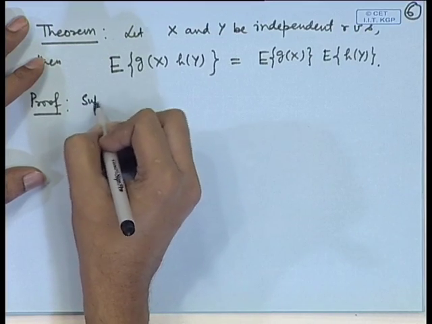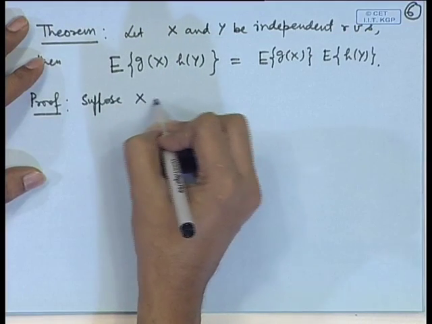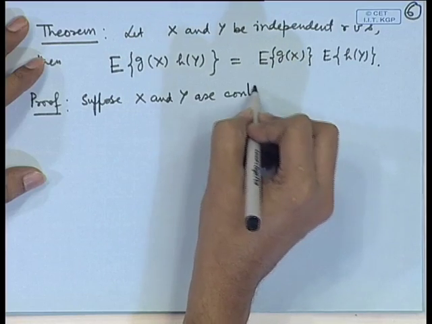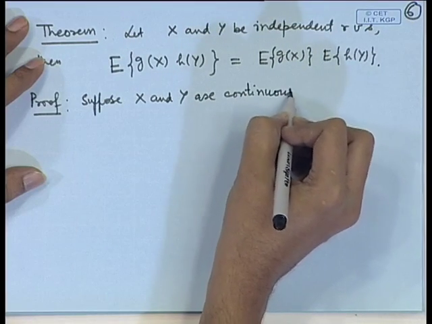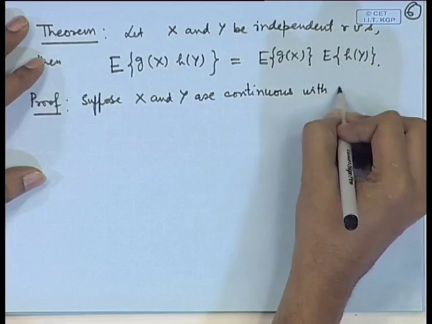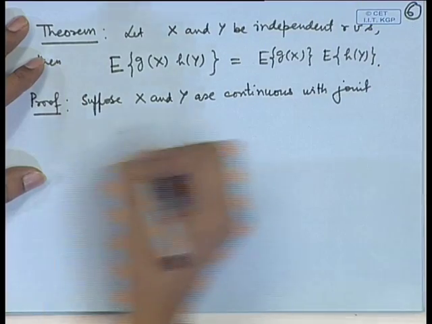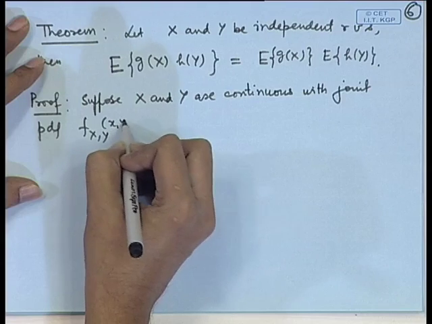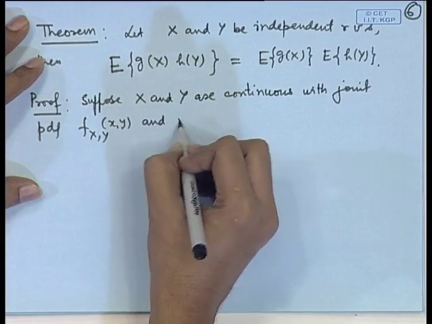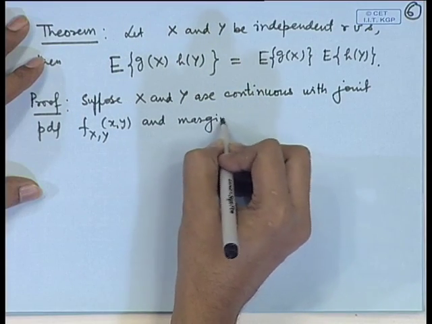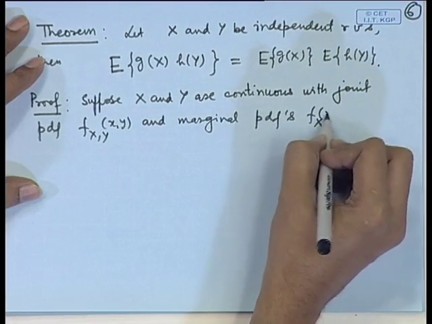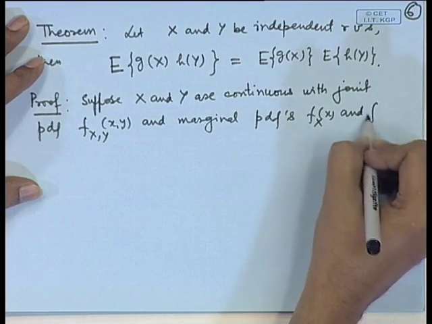Let us assume that x and y are continuous with joint PDF f x y and marginal PDFs say f x and f y.